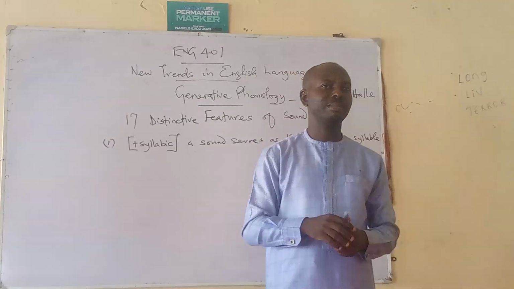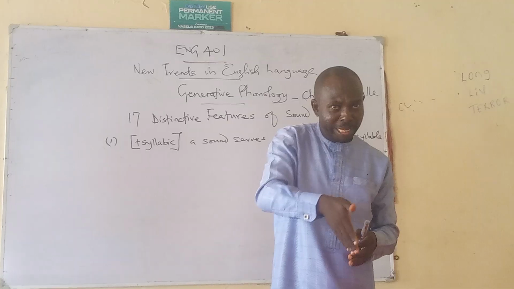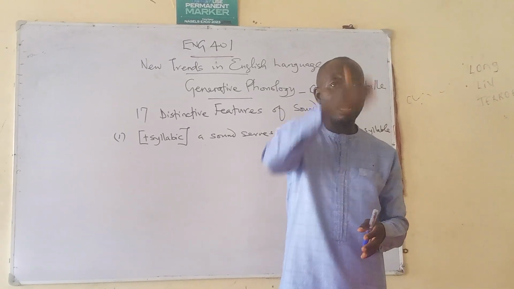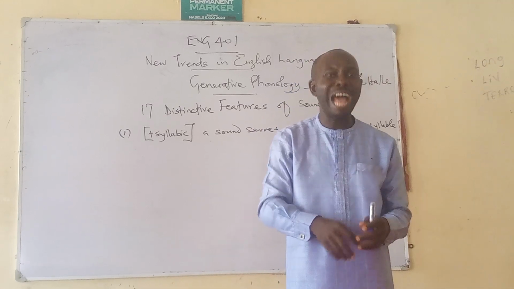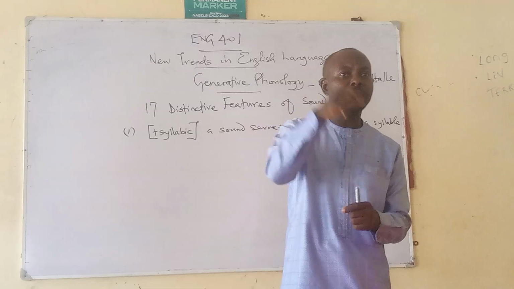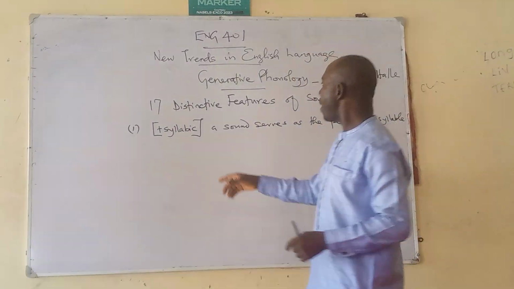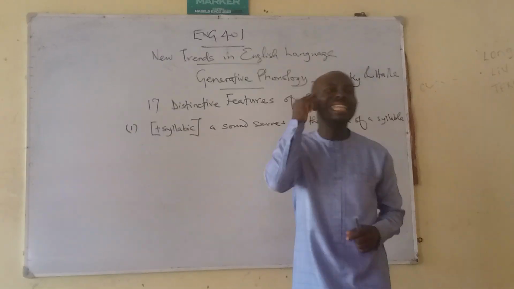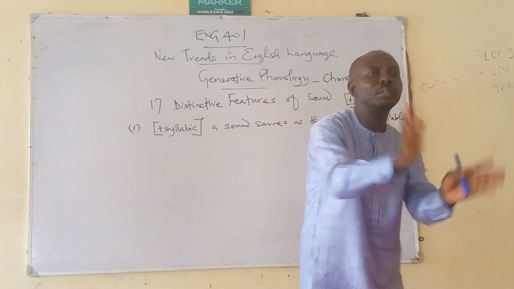Syllabic consonants. You understand? When you say a peak is dominated by vowels, that means all vowels can serve as peak. And sometimes you can also have what we call a syllabic consonant serving as the peak of the syllable. So here, when you say plus syllabic, the sounds we are referring to are the vowels and syllabic consonants.